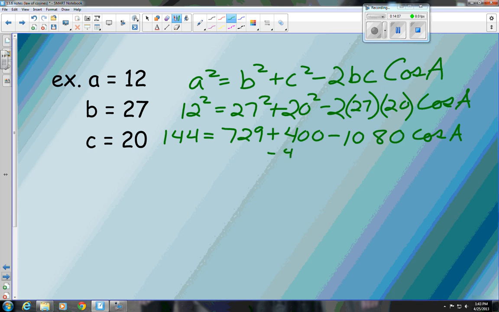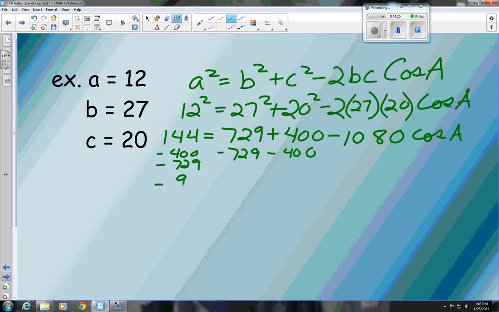I'm going to subtract 400 and subtract 729 from this side. 144 minus 400 minus 729.